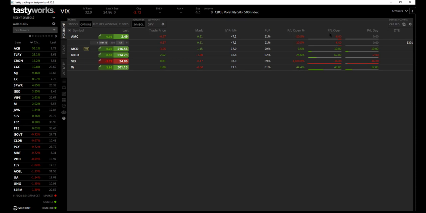Now, P&L open without the percent sign is showing the actual dollar value of how much the trade has made or lost. I like to deal in percentages, but it's always helpful to actually see the dollar amount next to it. And then next to that is how much did the trade make today?